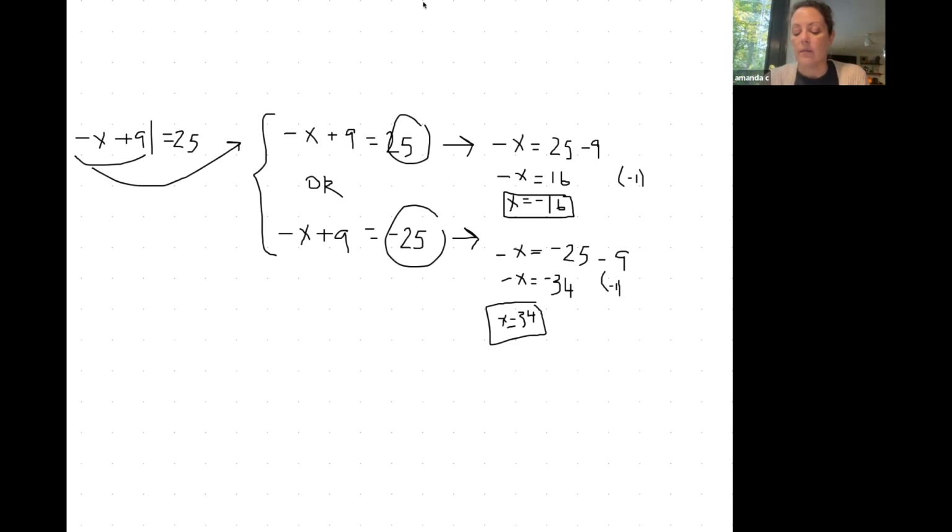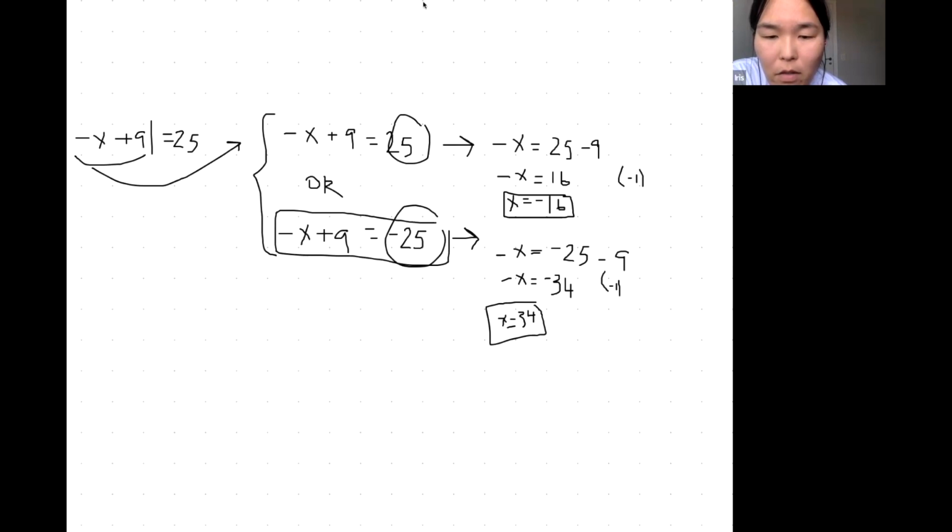Is there a time when that would not work? No, it always works. It's the same because instead of starting with this equation, you multiply this by minus 1.